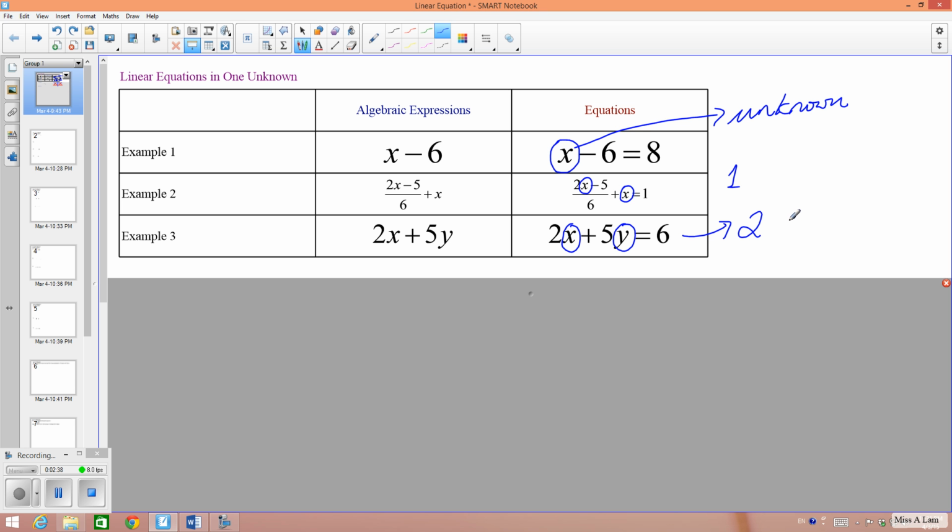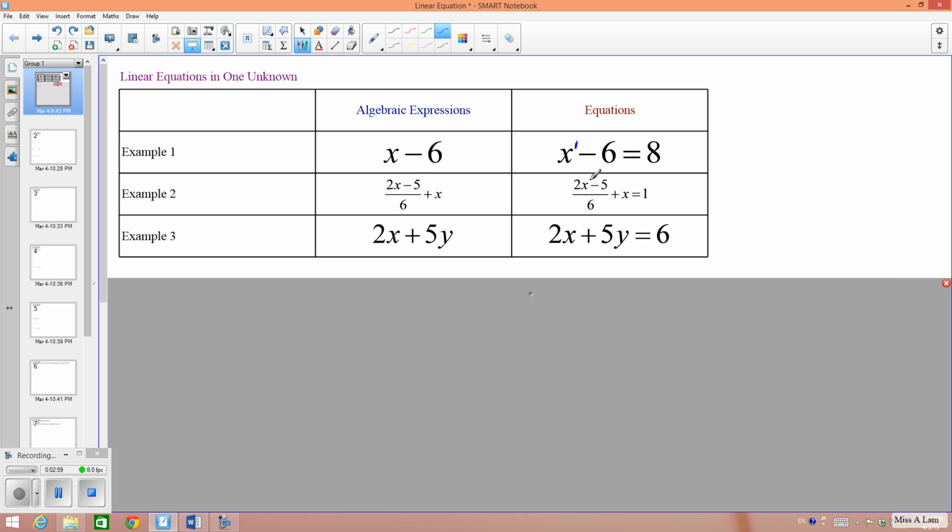And then for the meaning of linear, if you look at the power of all these unknowns, say this is x, it means this is x to the power 1.